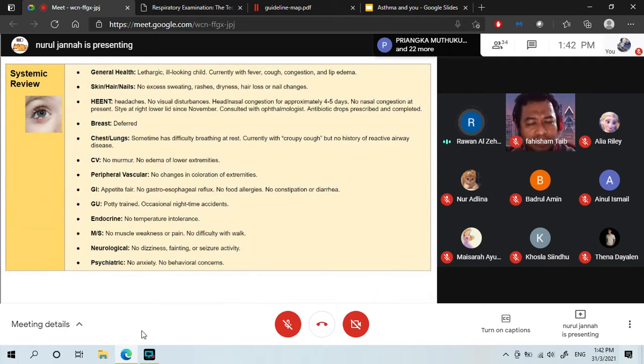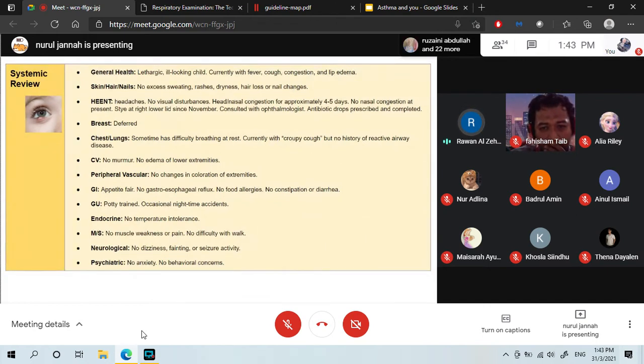For skin, nails, and hair, no excessive sweating, no rash, no dryness, no hair loss, no nail changes. For head, headache, no visual disruption, and nasal congestion for approximately 4 to 5 days, none at present. A stye, as we can see in the picture, in the right lower lid since November. She was consulted for this, and an antibiotic drop was prescribed and completed.